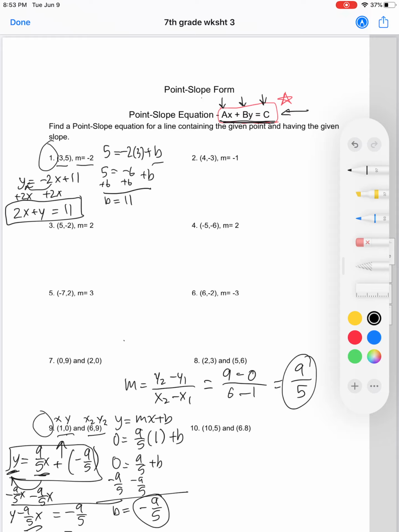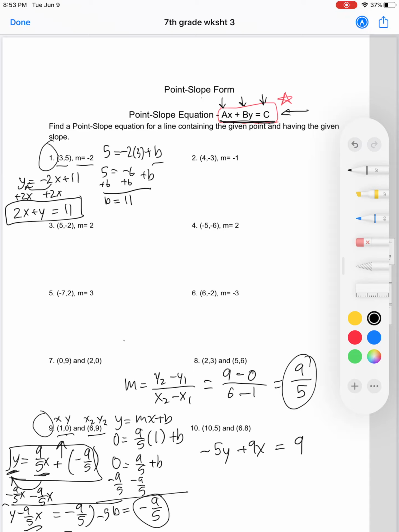So what we can do is we can multiply -5 on both sides. Now, -5 times y is -5y. -5 times -9/5 x is just plus 9x. And -9/5 times -5 is just equal to 5. Sorry, no. It's just equal to 9.